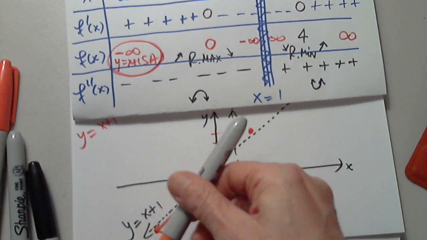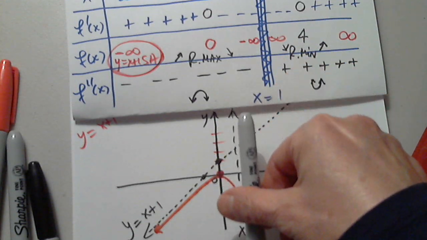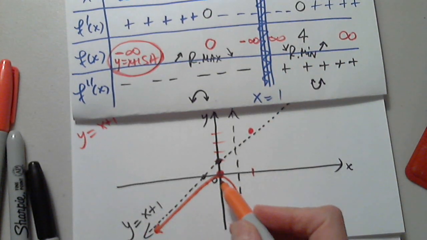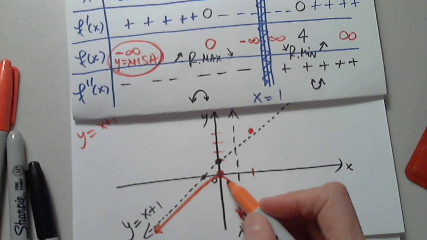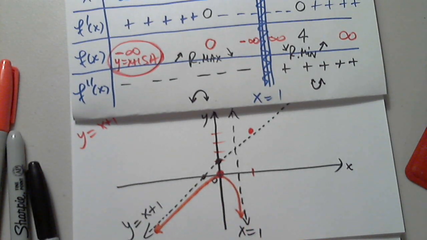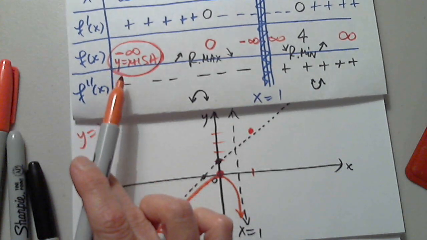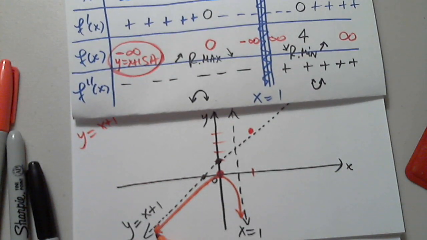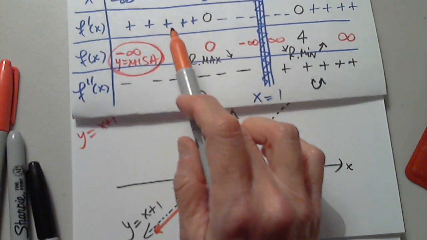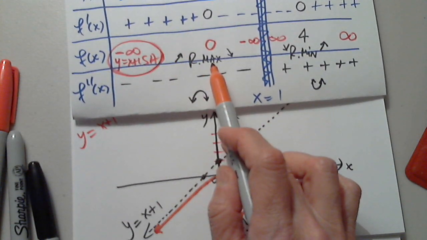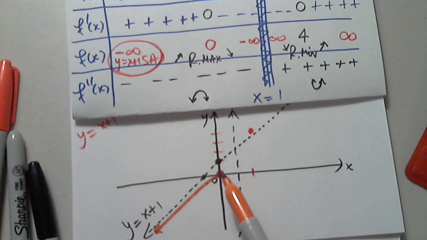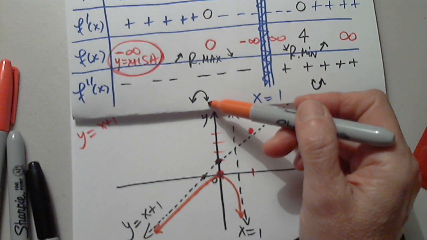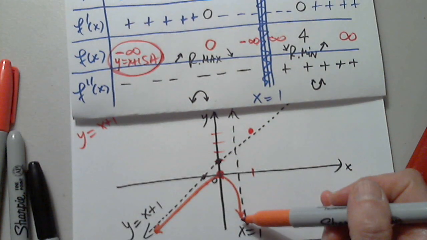Following it asymptotically, getting closer and closer, not touching it. So from negative infinity, close to the slant asymptote, increasing to a relative max at the origin, and then it starts decreasing, still opening down.